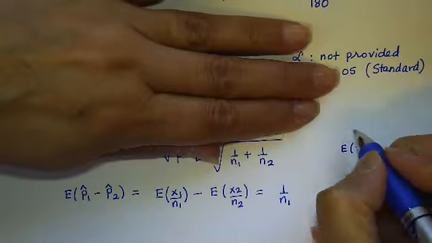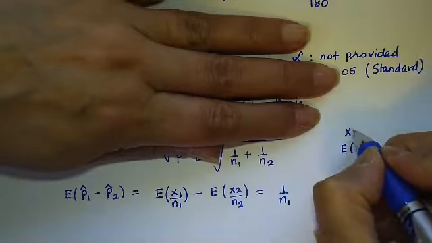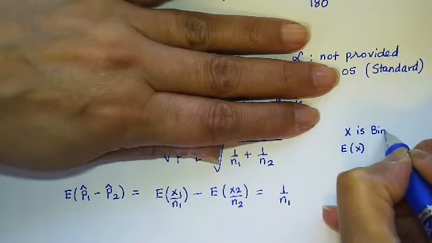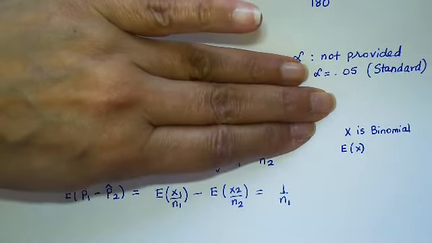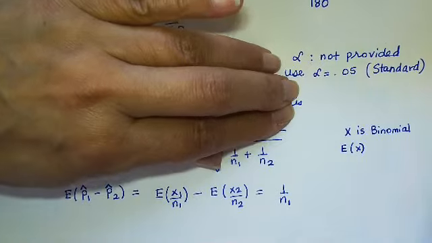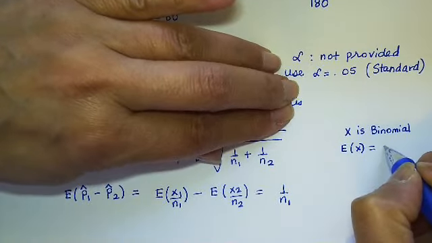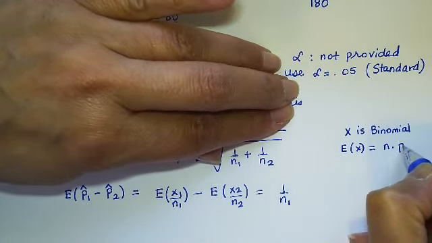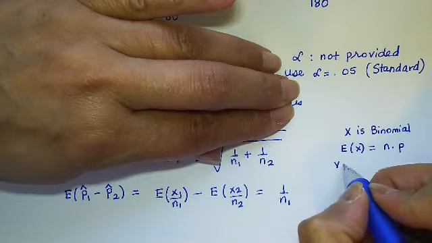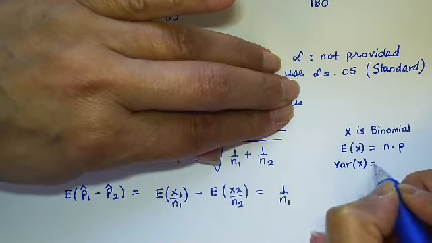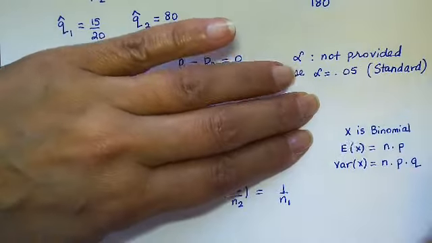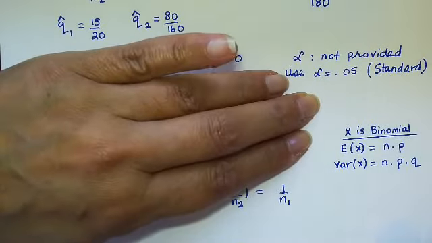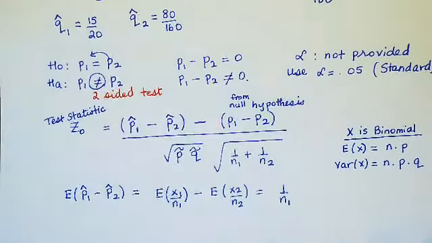So let's go somewhere and write this. E of x, where x is binomial, E of x is given by n times p, and variance of x is given by n times p times q.